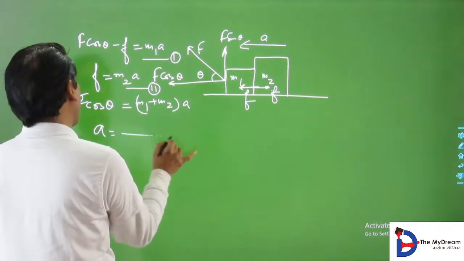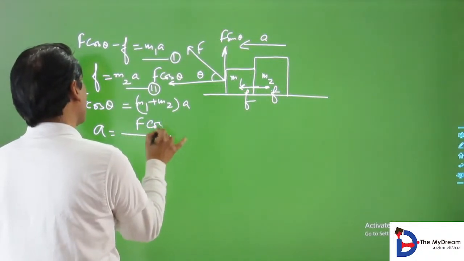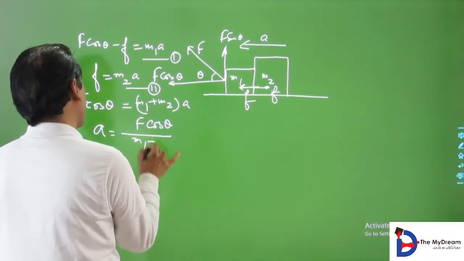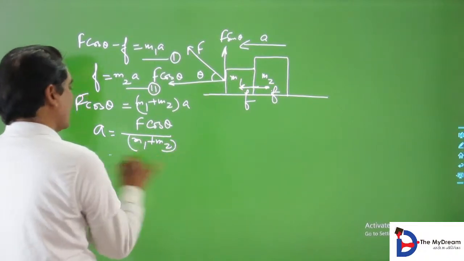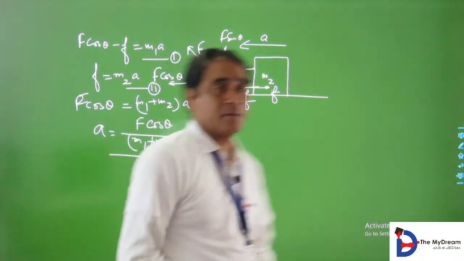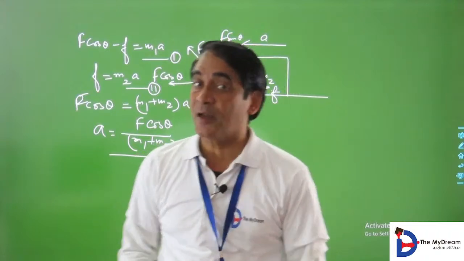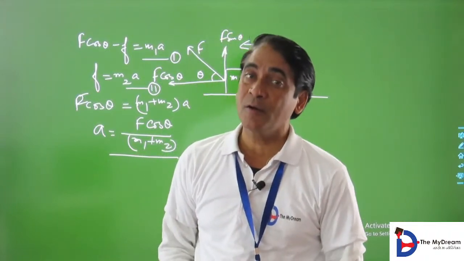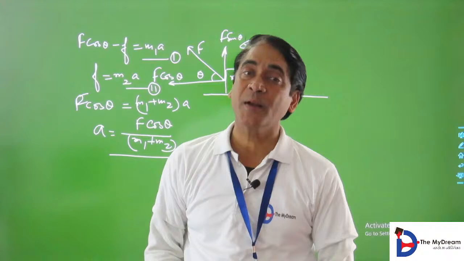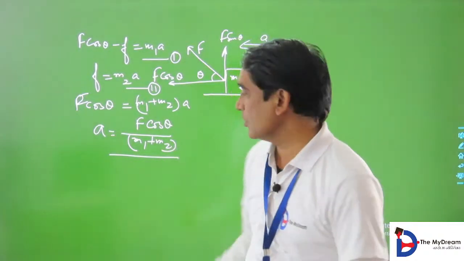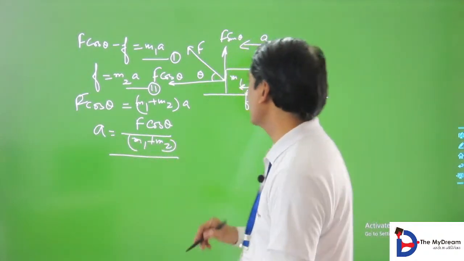Then you will get A equal to F cos theta divided by M1 plus M2. If you want to check, in place of theta you can write 0 degree, because earlier you applied a constant force. Cos 0 is 1, so the same result will come.